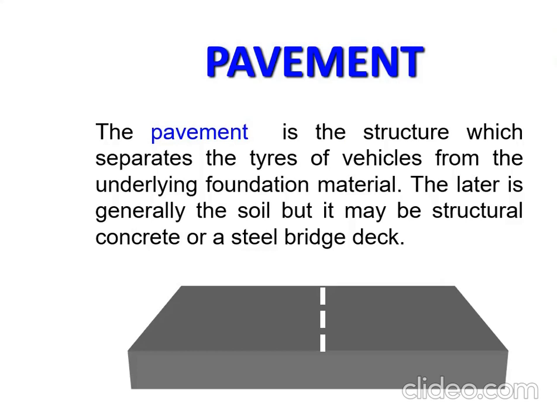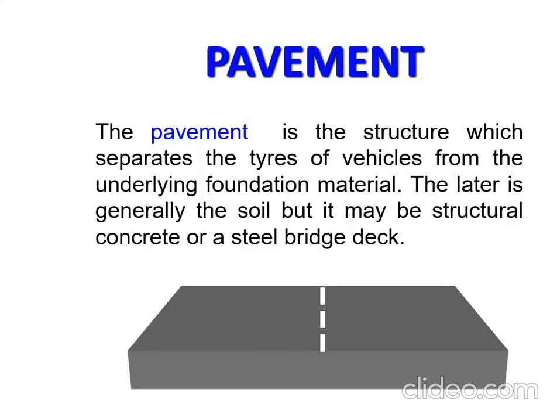But the other aspect of the pavement is your existing pavement has failed, and you feel that an extra layer of pavement can be laid. Logically, this is done, and this is known as overlaying. And this overlaying can be of two types.